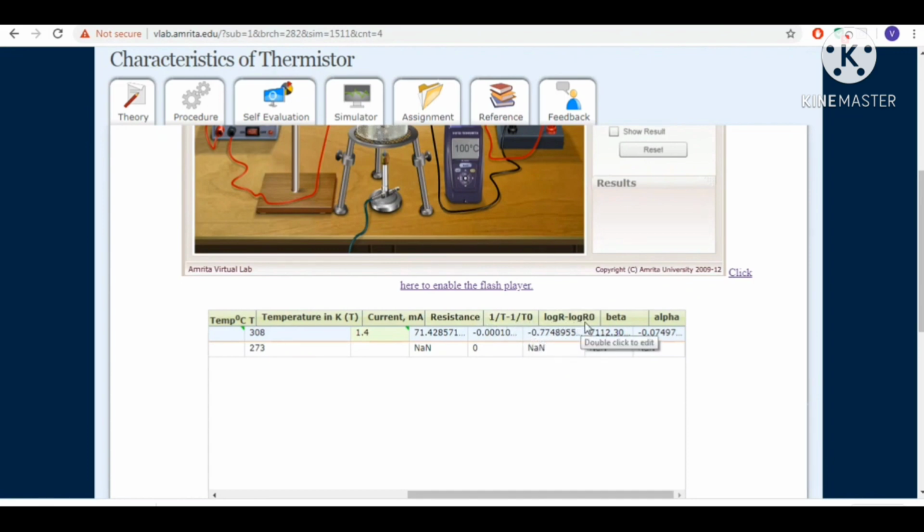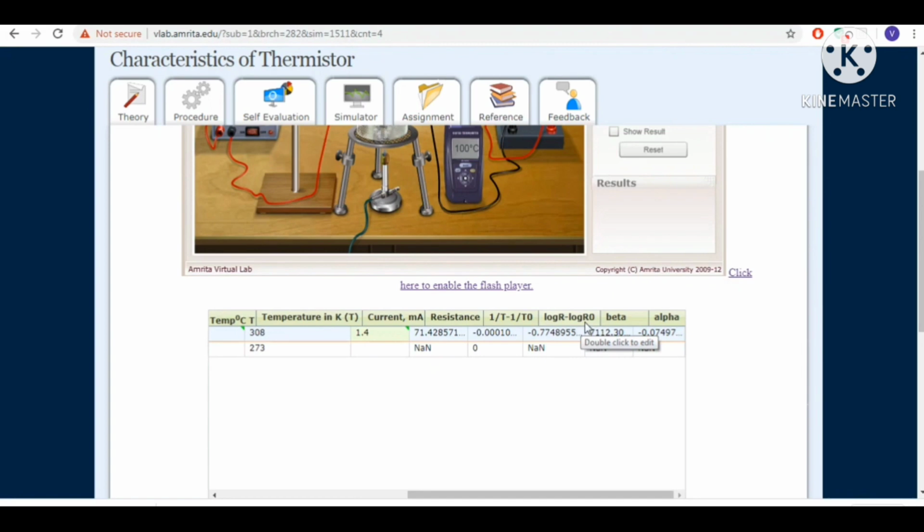T naught is your reference temperature, or initial temperature. You started from 25 degrees Celsius, so that 25 will be T naught, and at T naught your current was 1 milliampere. From that current and the voltage you can calculate R, and that will be your R naught.